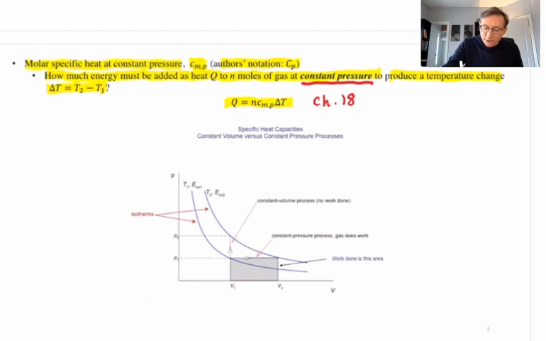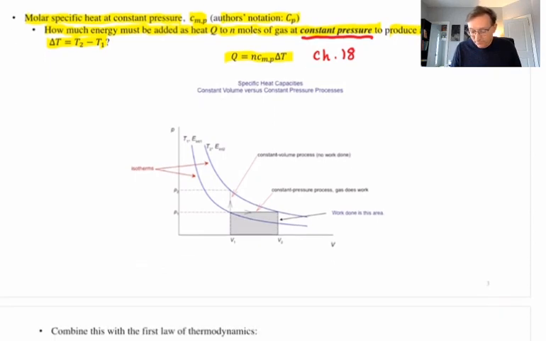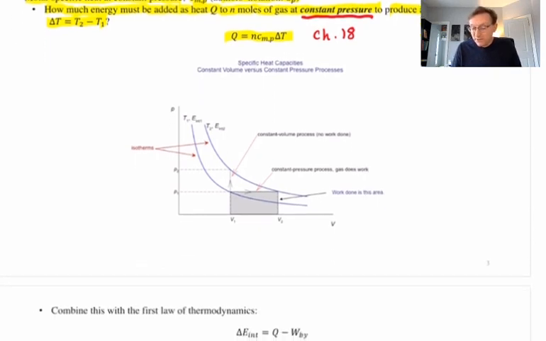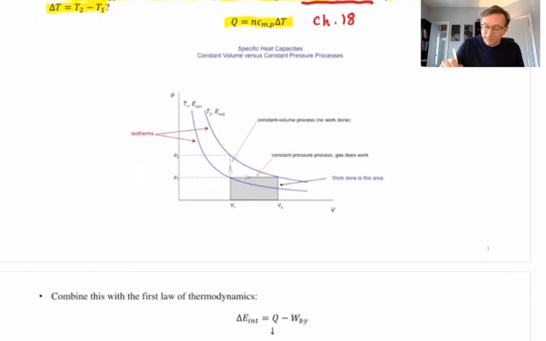Before we do that, I want to show you a PV diagram, a pictorial way to think about the things we're talking about, because learning by pictures is also a valid and useful thing. So we have a PV diagram, pressure plotted versus volume, for an ideal gas.